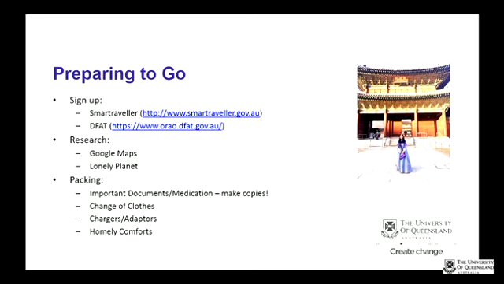But if you have any important documents or medication, make sure you make copies of important documents like your passport, credit cards, bank cards. If you need a visa, a copy of your visa, your travel documents, flights, itineraries, things like that. If you're traveling with medication, have copies of your prescription.